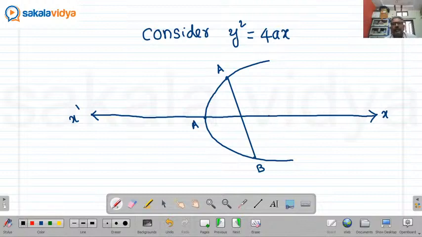Say this is, for example, focus S. You extend like this, no problem. So draw a perpendicular line.